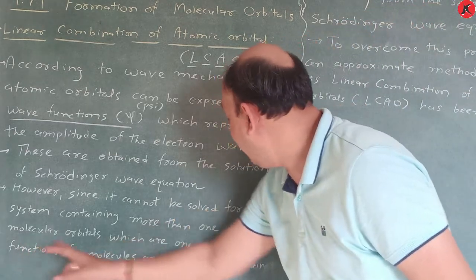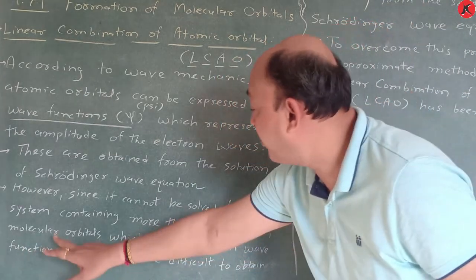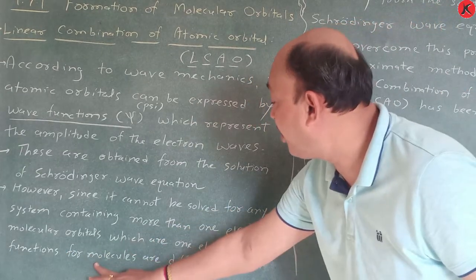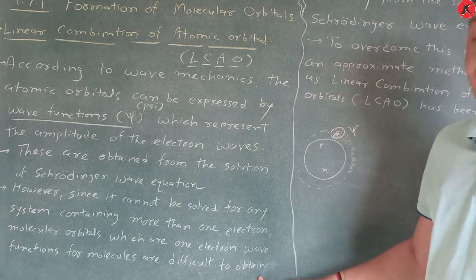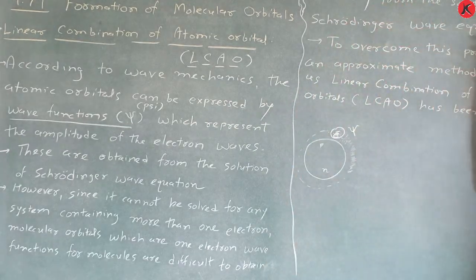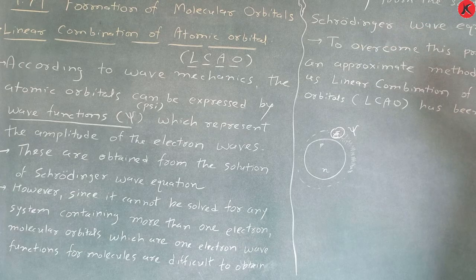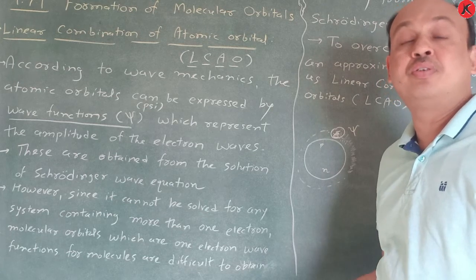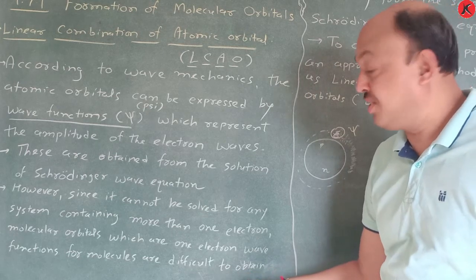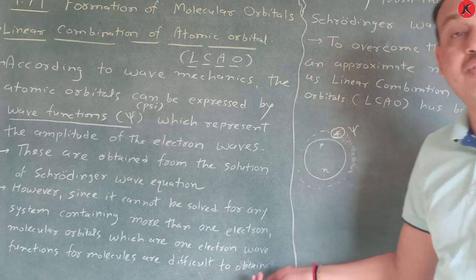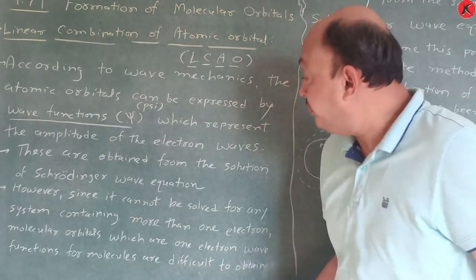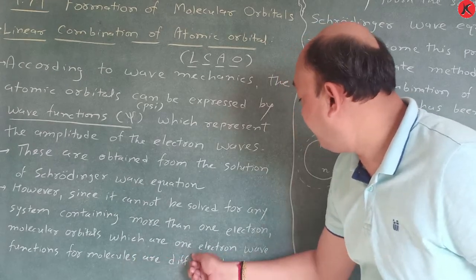The limitation of the Schrödinger wave equation is something you will study later in higher studies, when you reach college, at graduate or postgraduate level. But here you have to remember one electron.